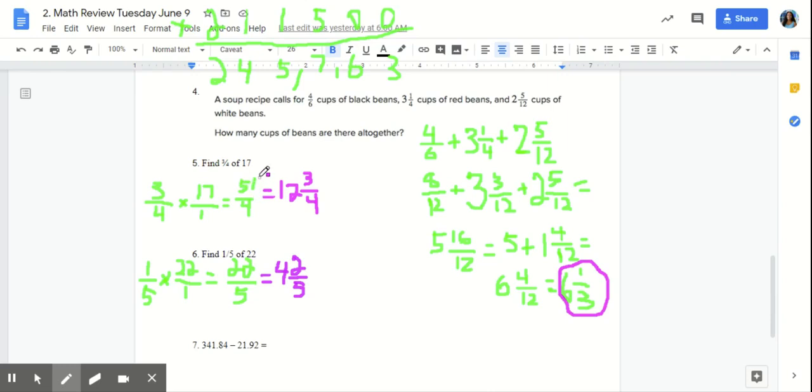We turn 51/4 into a mixed number, we get 12 3/4. Same for number 6. Find 1/5 of 22. So we're going to multiply 1/5 by 22 over 1, which equals 22/5. And then we're going to turn that into a mixed number, 5 2/5.